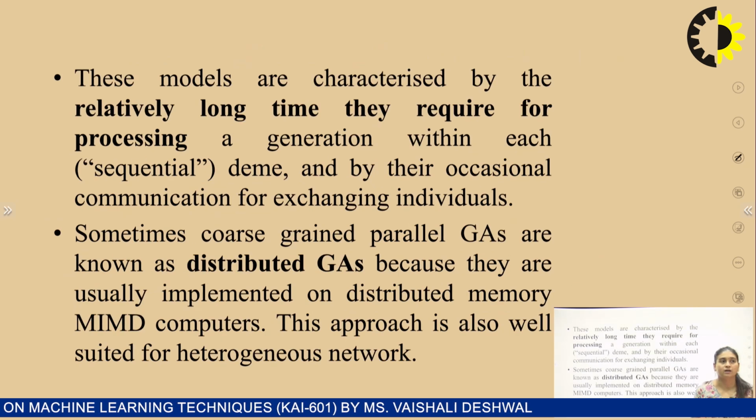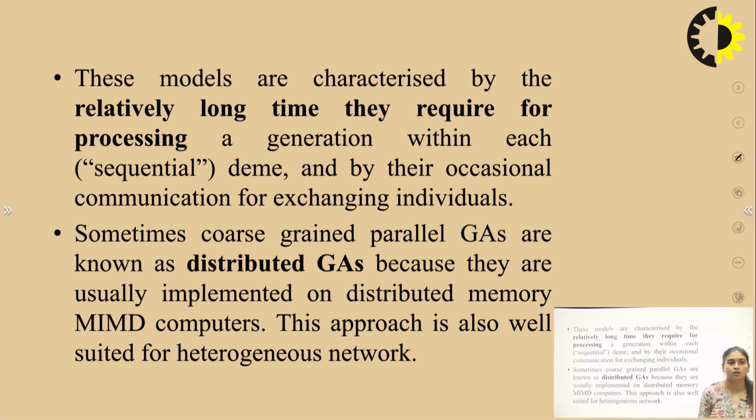These models are characterized by the relatively long time they require for processing, and this approach is sometimes known as distributed GAs, because it is usually implemented on distributed memory. This approach is also well suited for heterogeneous networks.